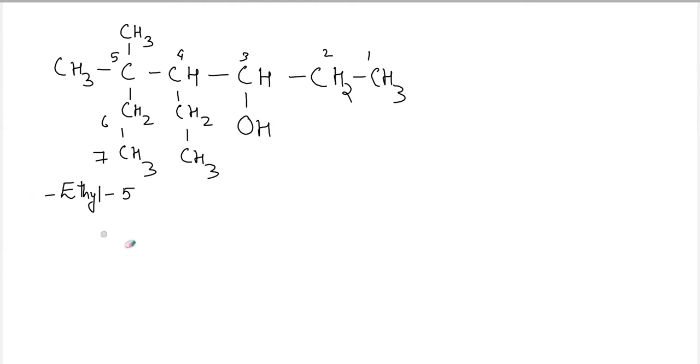Okay, 4 ethyl, 5 comma 5 dimethyl. To this 7 carbon atom chain, that is hept, 3 ol is attached. So the name of this compound will become 4 ethyl 5 comma 5 dimethyl heptan 3 ol.